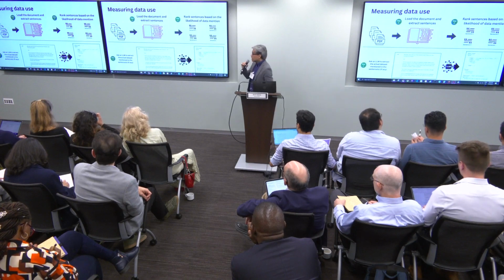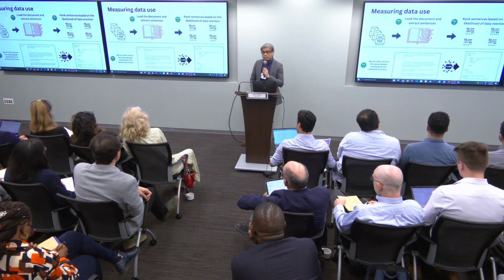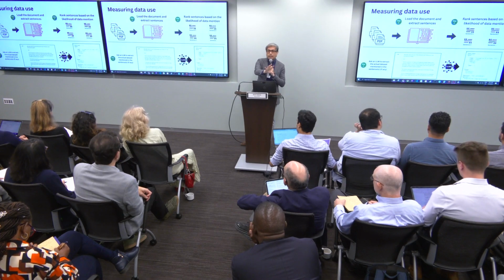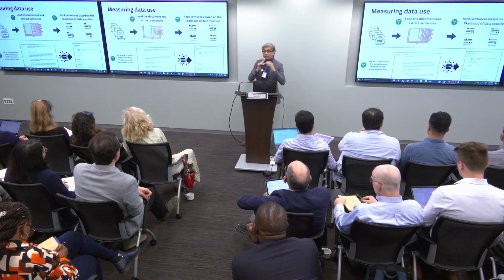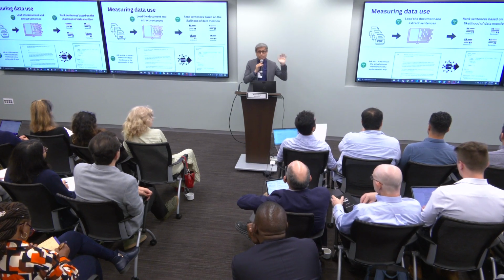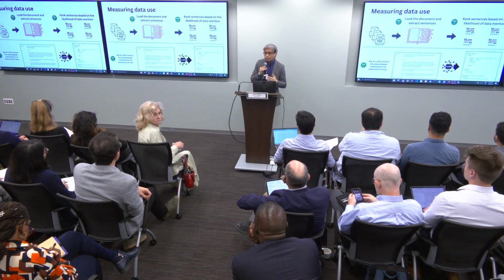And so basically, we simplified the problem: if I have a document, if I have a compendium or collection of research papers, can I understand where a data set has been mentioned in the context of it being used to inform outcomes in the paper?